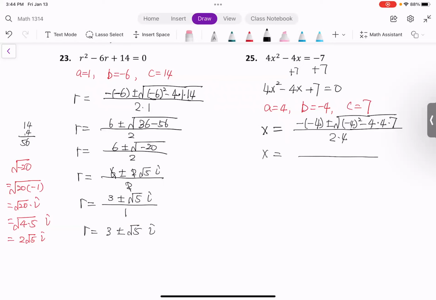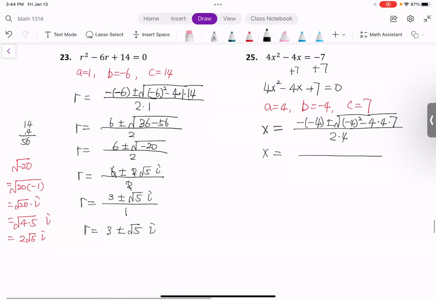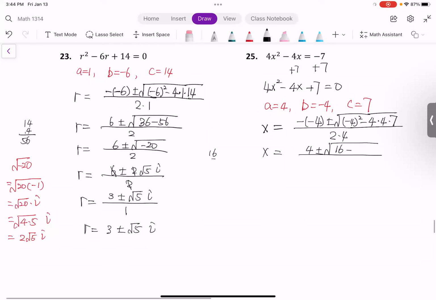So x equals positive 4 plus or minus the square root of (-4) squared, that's positive 16, because negative times negative is positive, minus 4 times 4 times 7. 4 times 4 is 16. 16 times 7 is 112.